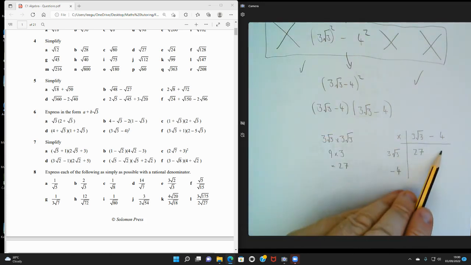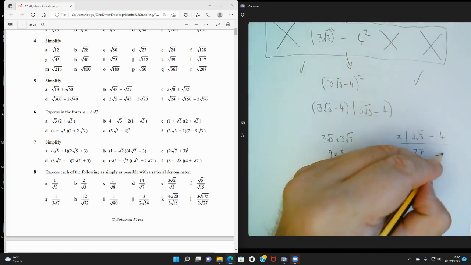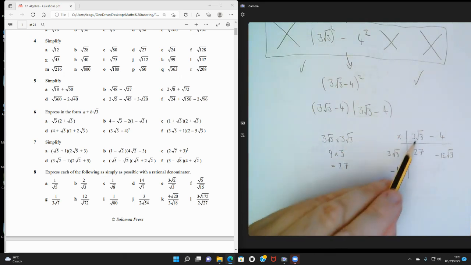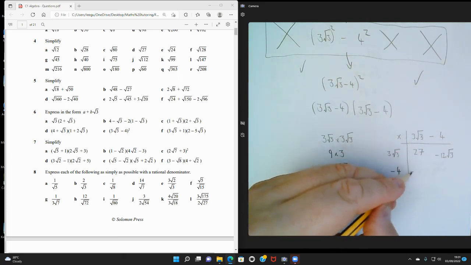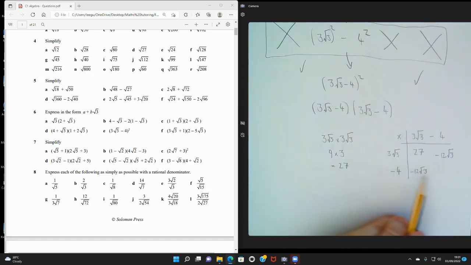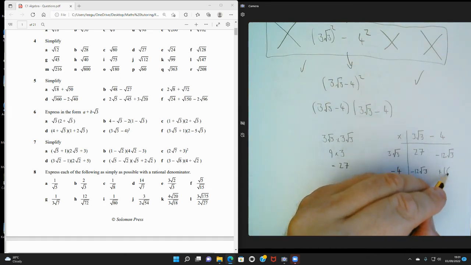Here we have minus 4 times 3 root 3, so that is minus 12 root 3. Here we also have minus 4 times 3 root 3, so that is another minus 12 root 3. And then here in the bottom right hand corner we have minus 4 times minus 4, which is plus 16.